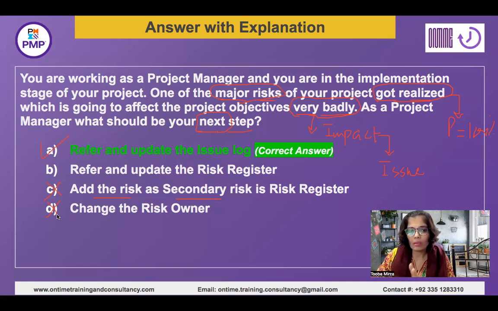Maybe the risk owner has done the due diligence and the necessary steps as per the response plan or the agreed upon strategy, but maybe it didn't work out, or the scenarios were not in favor of the project team or the project overall, or there can be any situation which is not mentioned in the question or the scenario. So we cannot assume that just because a risk has been identified, all the fault belongs to the risk owner. And the other reason why D is not our choice is that the risk has already occurred.